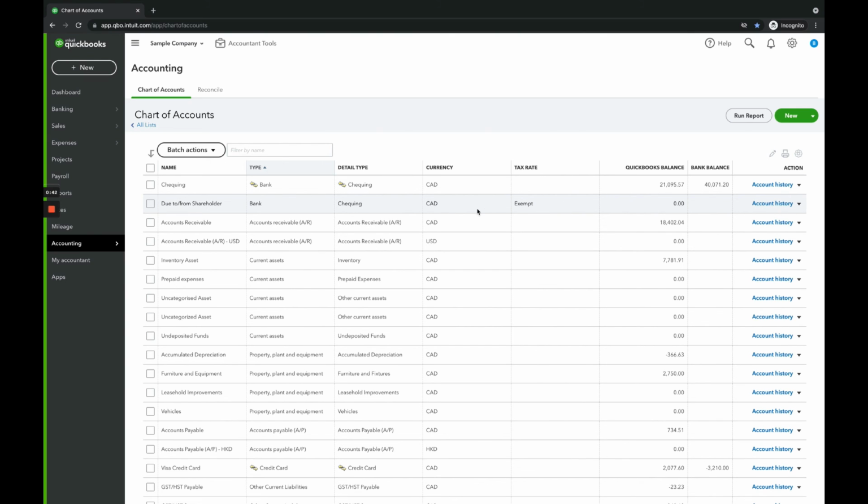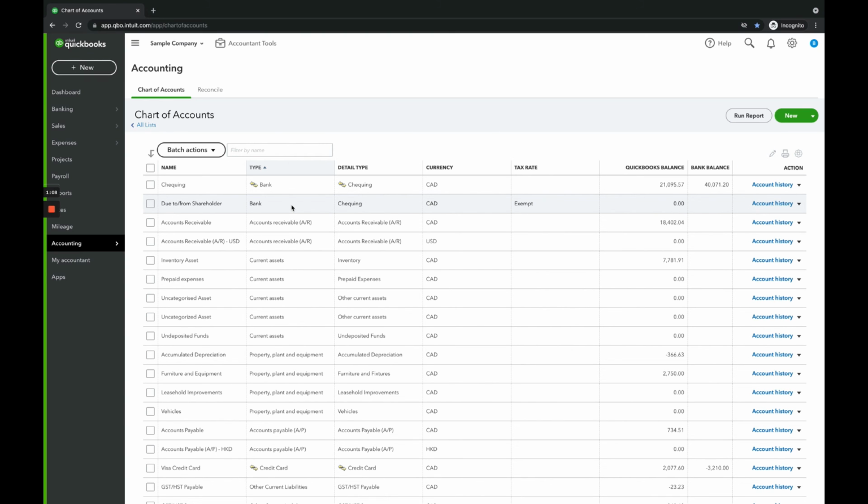Now, this could either be a current asset or a current liability depending on how much money was given and taken out. But I personally like to make this account into a bank account just because it's easier to enter expenses that the business owner paid for using their personal funds.